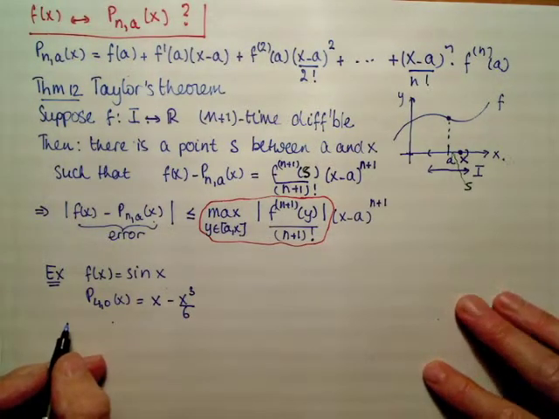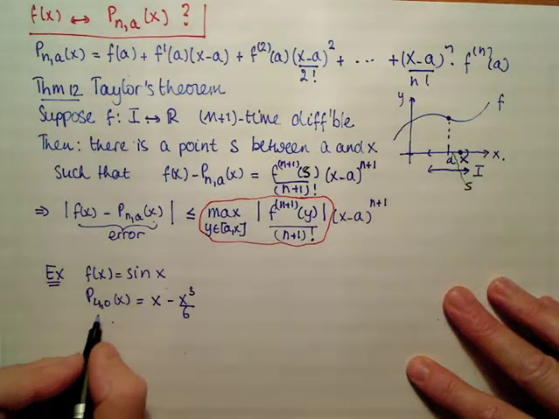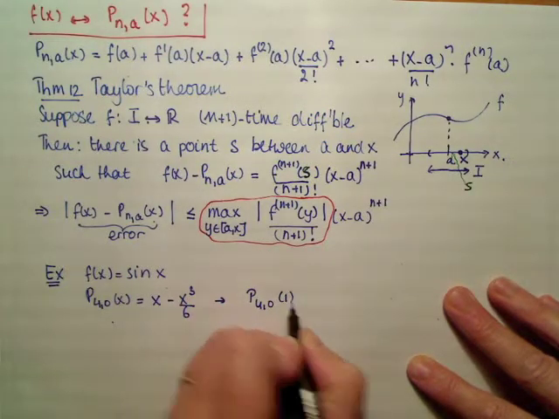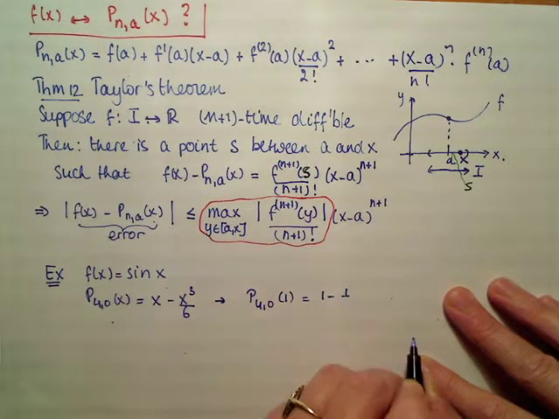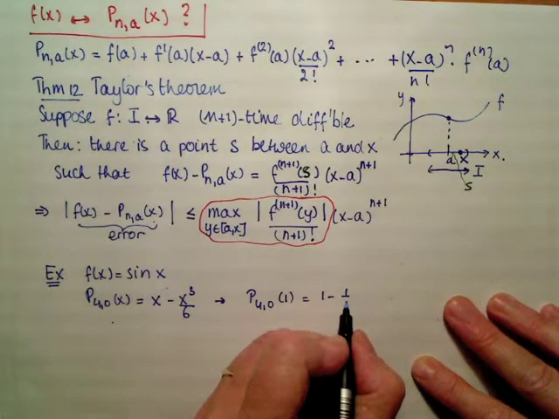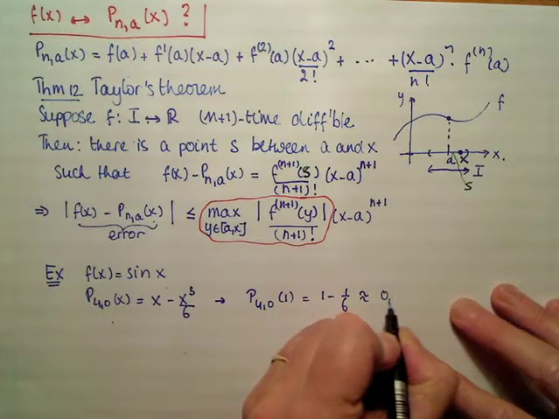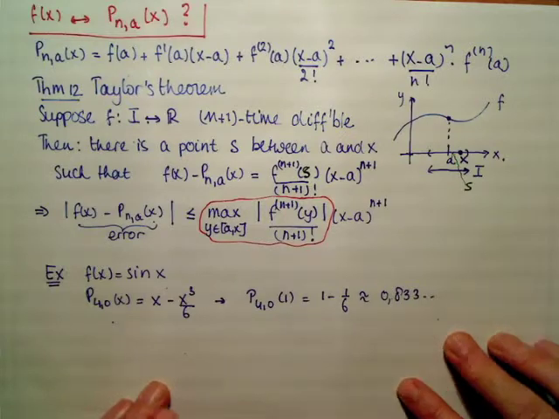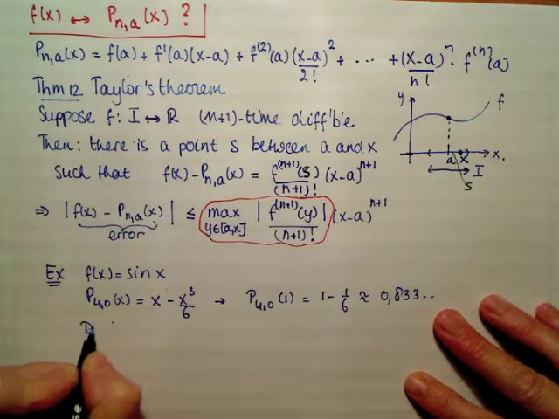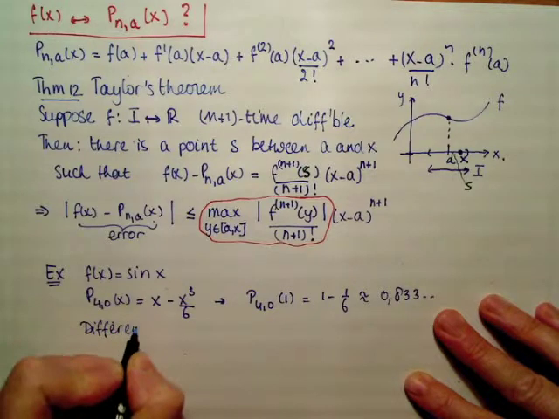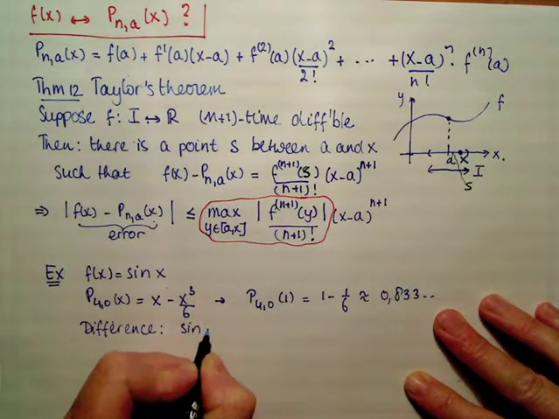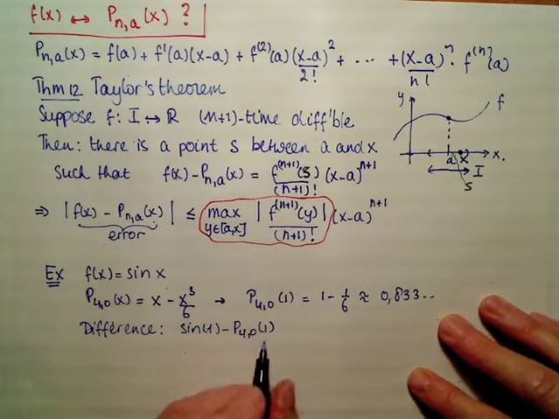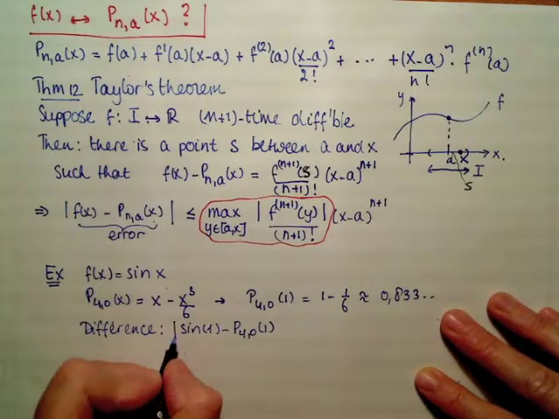We evaluated it at point 1, which is equal to 1 minus 1 over 6, and it is approximately equal to 0.833 and something. And the question is, what is the difference between the sine of 1 and the value of the 4th order polynomial at 1?